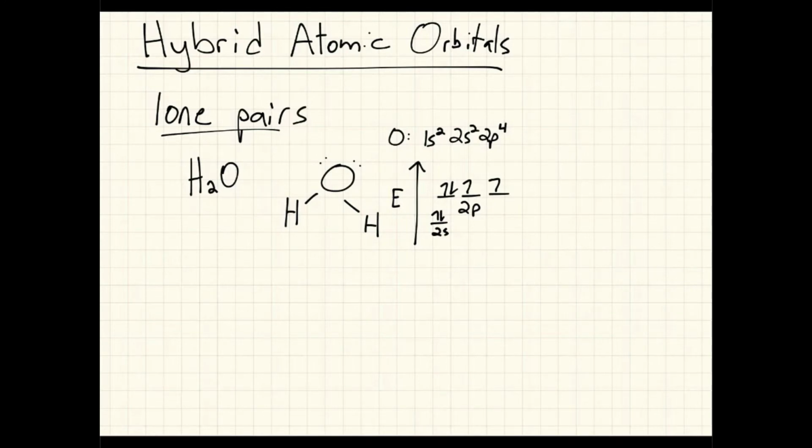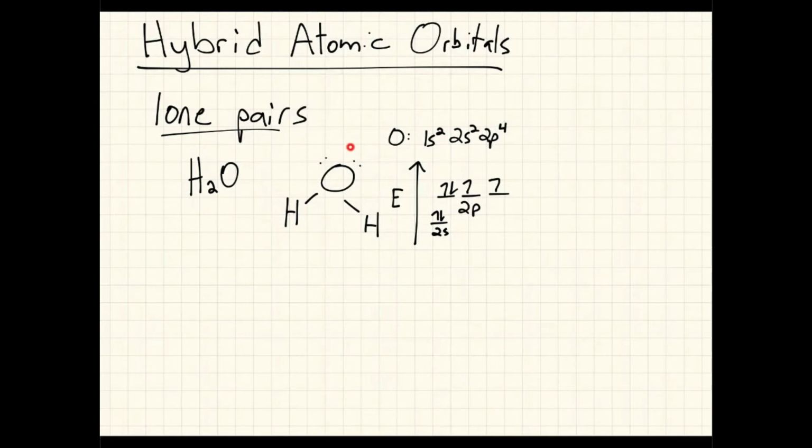I mentioned there were 2, but we haven't gotten to the second one yet, because this 2p set of orbitals, remember, they're at 90 degrees from one another. One of those is potentially a 2px and a 2py, or a 2pz and a 2py. I mean, it doesn't matter which 2 they are, they are perpendicular to one another. And we know that this oxygen atom has a tetrahedral electron domain geometry.